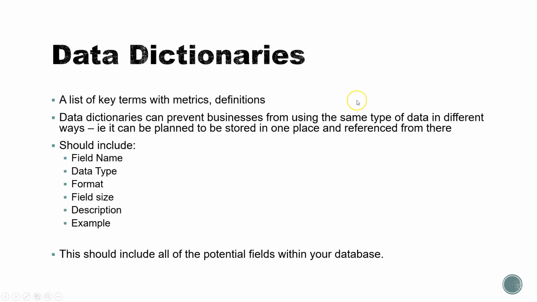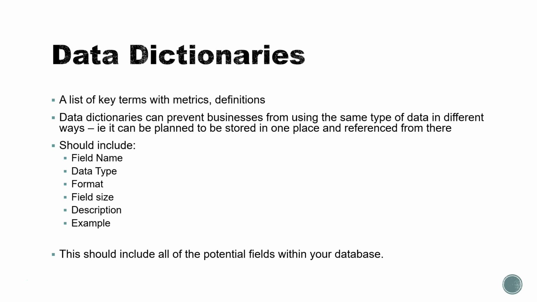Data dictionaries. A data dictionary is where you are taking all of the different parts of potential data that you have within your database, and you are listing it and planning it, and this will prevent things such as having data stored in two different places, potentially in different ways.